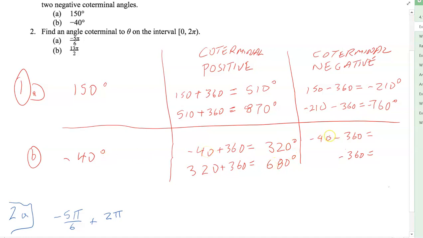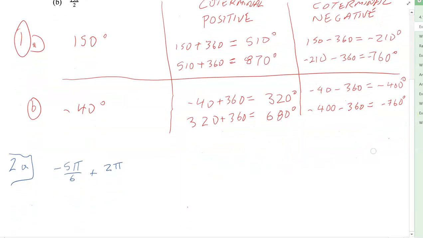And then for negative coterminal angles, we're subtracting 360, so negative 40 minus 360, that gives you negative 400 degrees. And subtract another 360 from negative 400, we end up with negative 760 degrees. And so those are your 2 negative coterminal angles for negative 40 degrees.